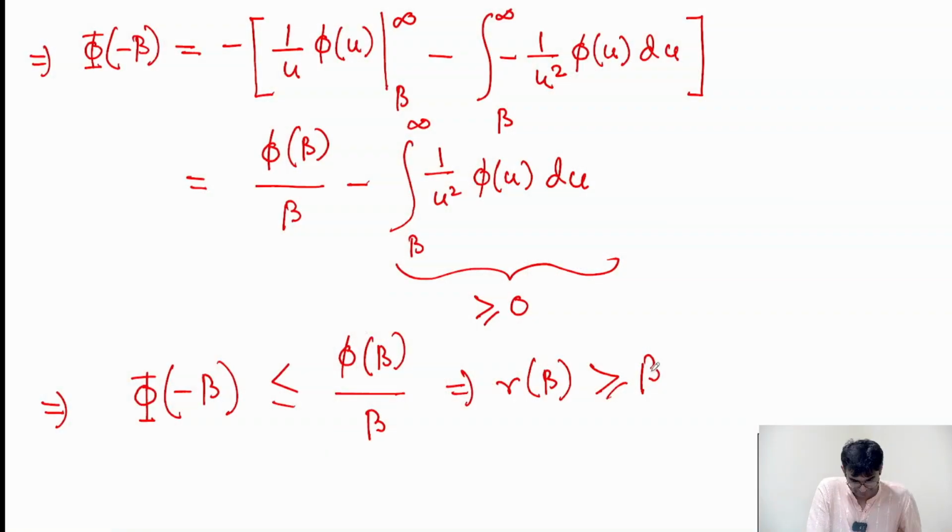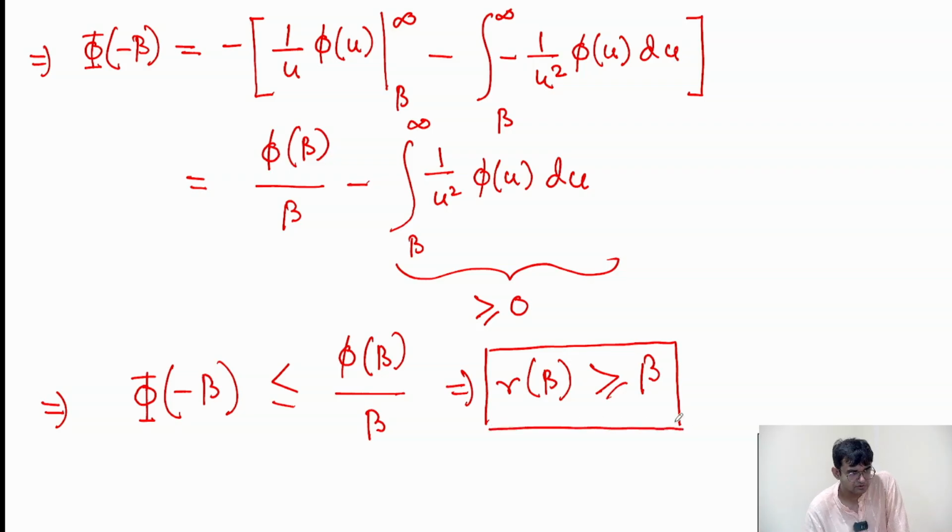So therefore we will want to quantify the, repeat, which is plus, no, minus. There are 3 minus signs. One minus sign is at the outside, okay? So yes, R beta will be greater than or equal to beta. So this is one of the bounds I have found, okay?